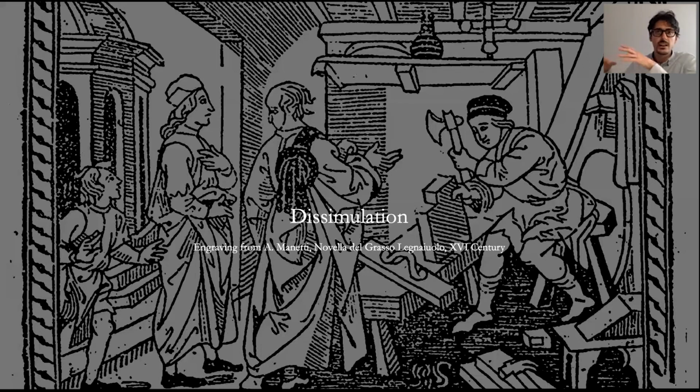A group of intellectuals played a trick, basically, because they made this woodworker believe that he was someone else. And this is very interesting because at the end, he really believes he is someone else.